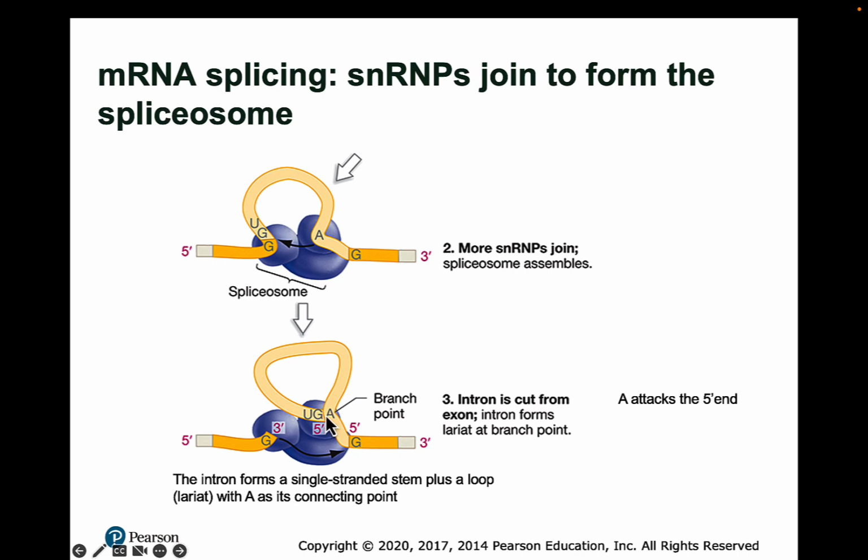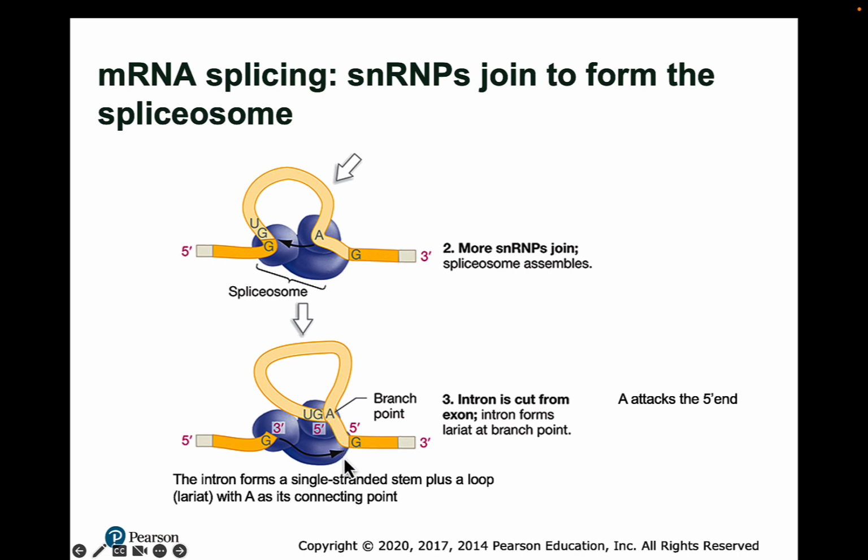This A attacks and breaks this phosphodiester bond at the 5' intron to exon boundary. So the intron is cut from the exon, and this shape forms a lariat. Another term for a lariat is a stem and loop. You might have seen a lariat necklace, but it's just this stem and loop.